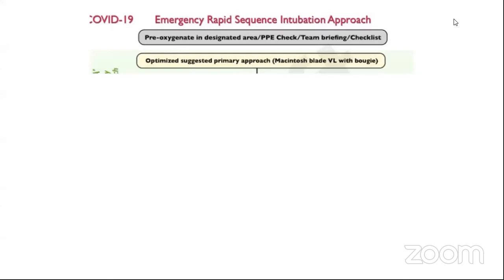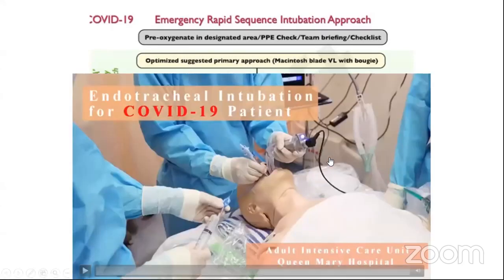The physician, who is supposed to be the most experienced in airway management, plays the role of the leader. And then there are 2 other members, a nurse and an RT. The nurse will be handling the medication, and the RT will be assisting in intubation and handling the ventilator. So this is what the preparation looks like.